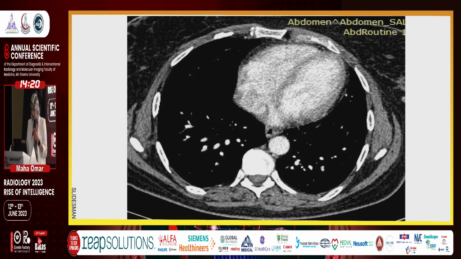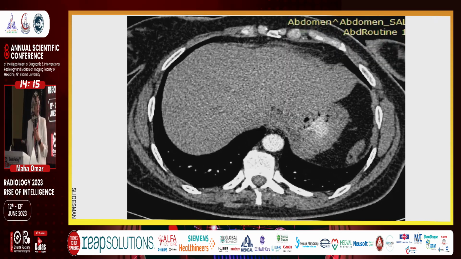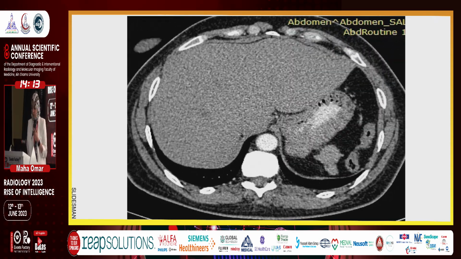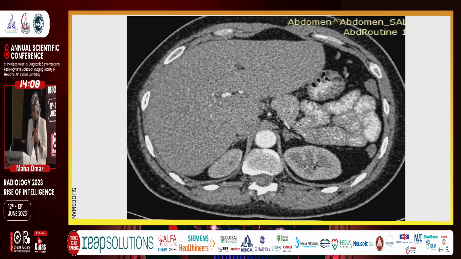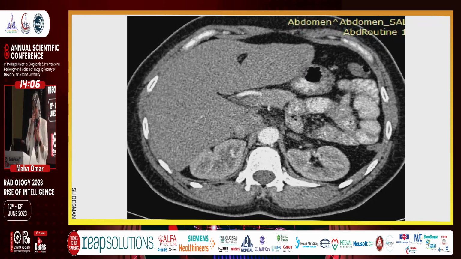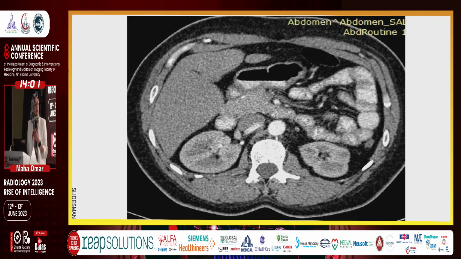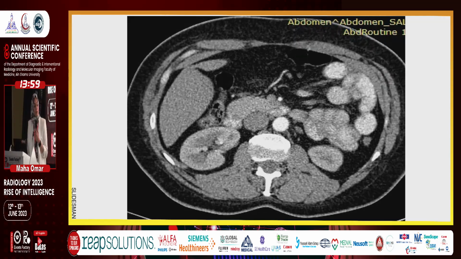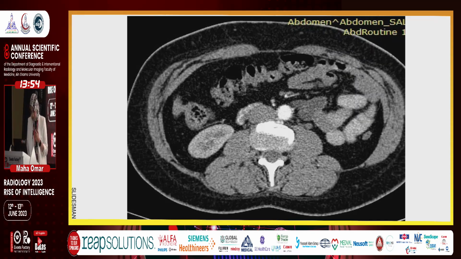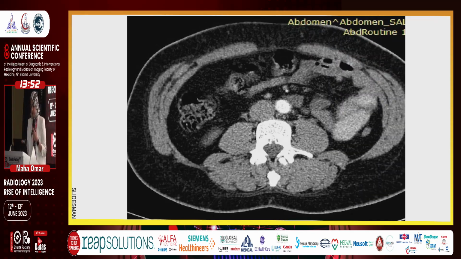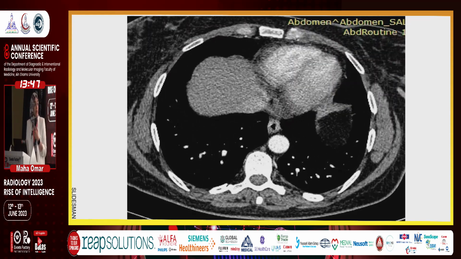The first scan is the early arterial phase scan. The second phase, the late arterial phase.